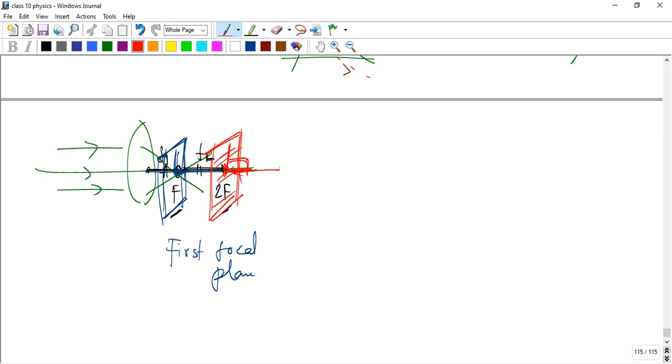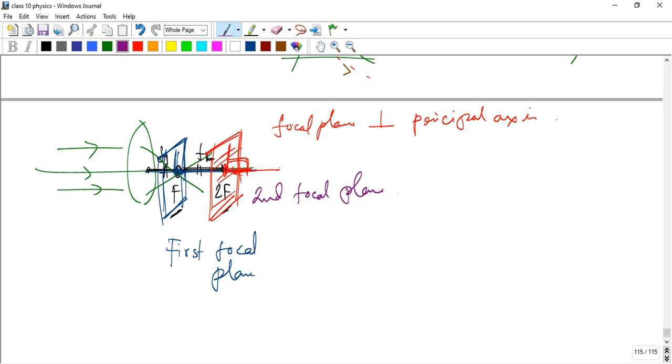Focal plane is perpendicular to the axis, and this line is called second focal plane. This angle makes 90 degree. This angle makes 90 degree. Okay. Similar that is for concave lens also.